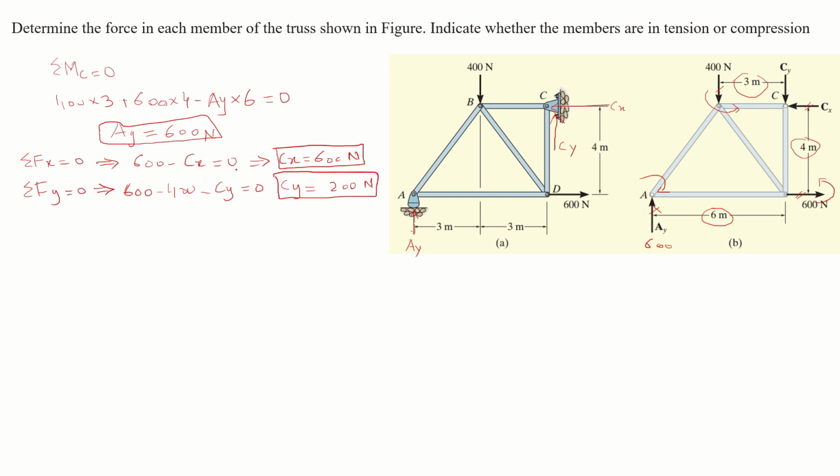200 Newton. This is the third reaction force. Now we will use these reaction forces at these joints and find the forces in each member. So now we'll start the method of joints.